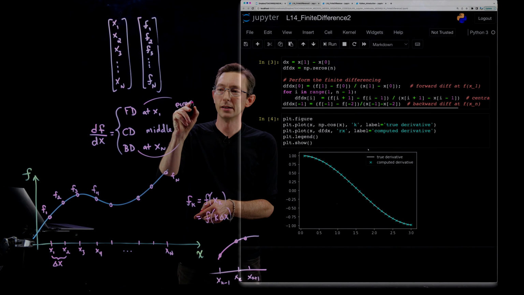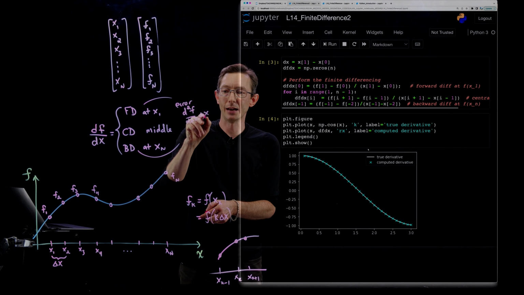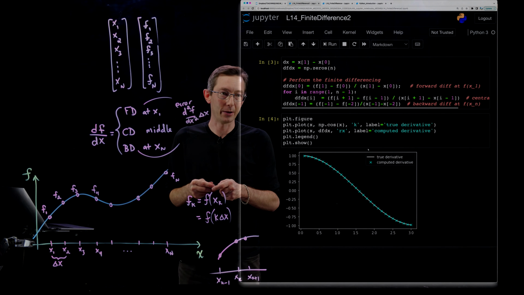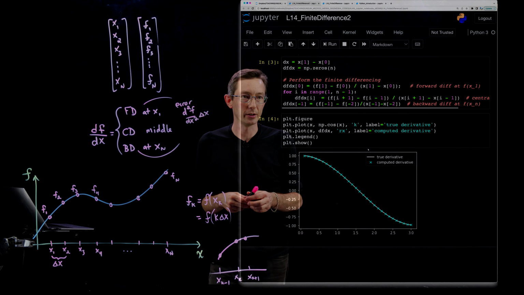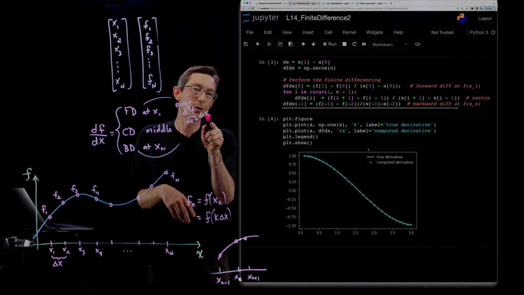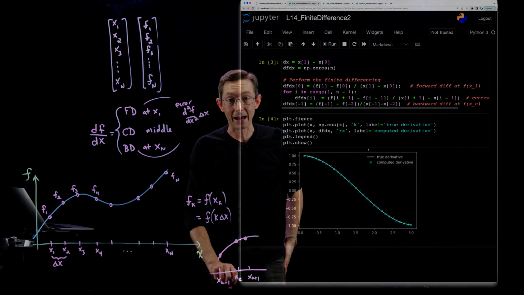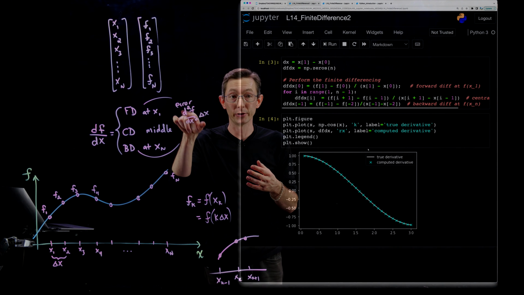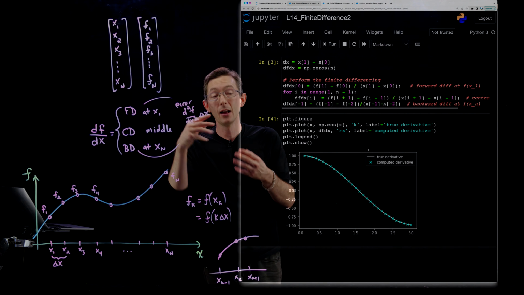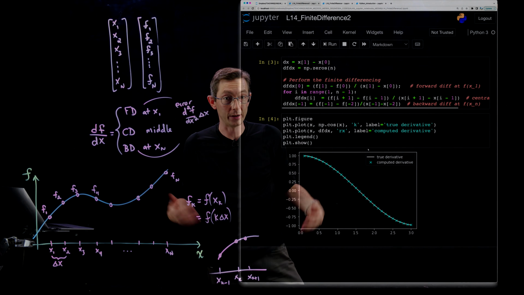The error was something like d squared f dx squared times delta x. Okay, that was the error for forward difference and backwards difference. And so the d squared f dx squared does actually matter. In regions that have high curvature, high d squared f dx squared, I will get more error than other regions.